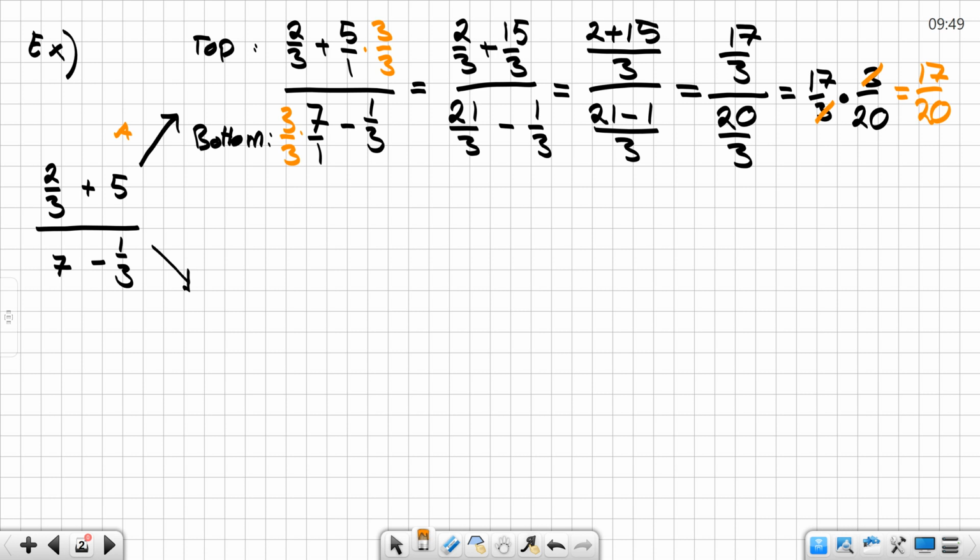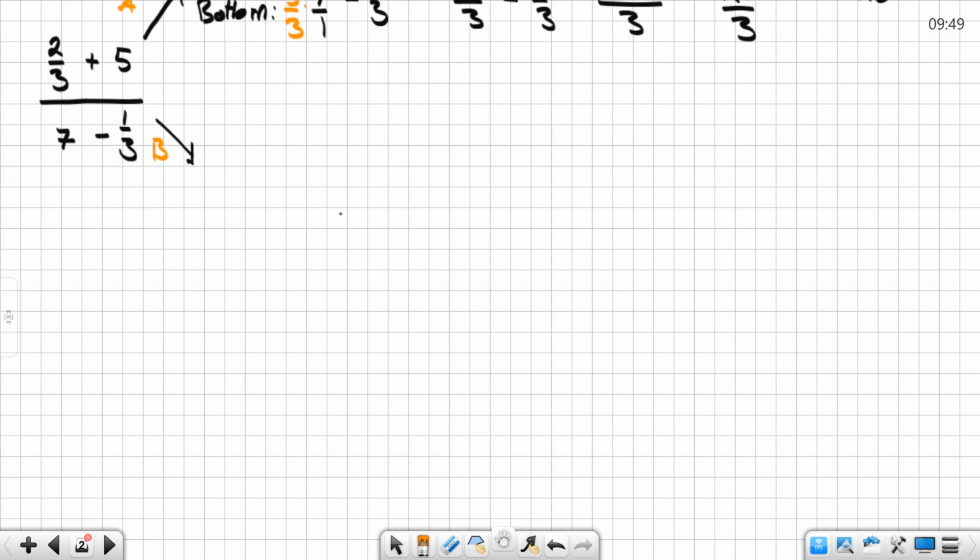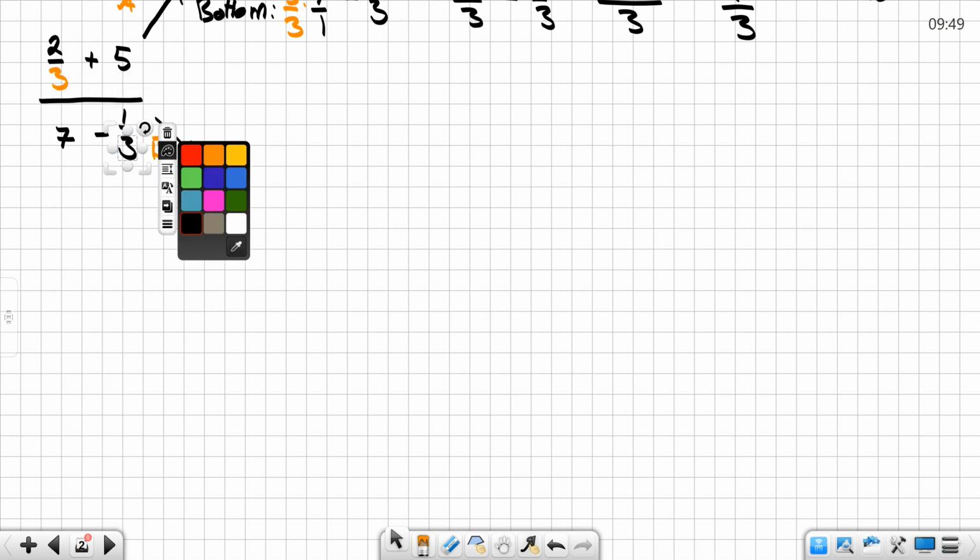So my preferred method is method B. This is the one that I will be using from now on. So here's the trick. If I have a complex fraction, then I look at the least common denominator among all denominators that show up. In this particular case, there are really only these two denominators on the inside: 3, and 5 has a denominator of 1, so does 7.